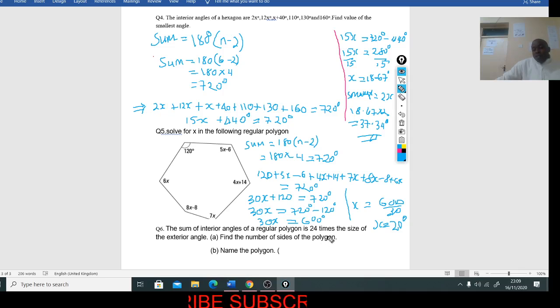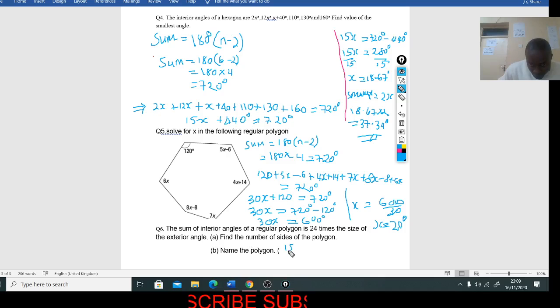So 360 divided by n times 24 will give you the sum of interior angles, and the sum of interior angles is 180 into n minus 2.